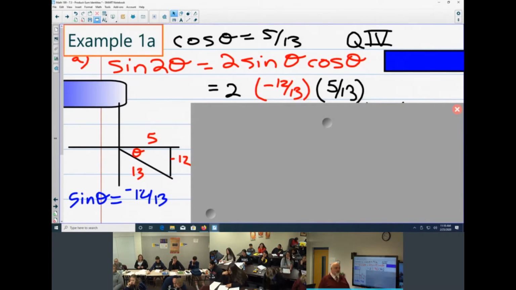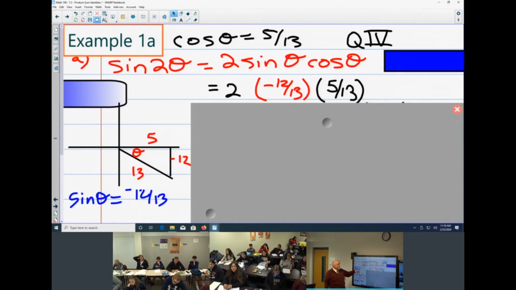Okay, let me go through that again. I know the cosine is 5/13, and I know I'm in quadrant 4, so that's why I drew my triangle this way, so that the angle goes down into quadrant 4.